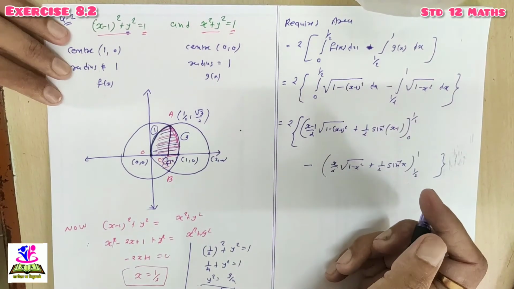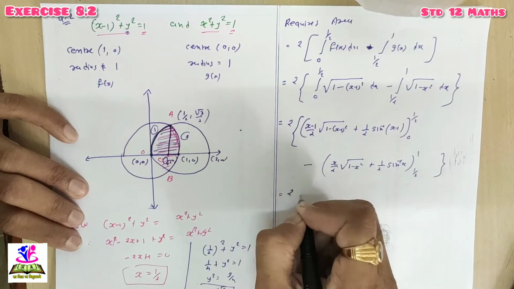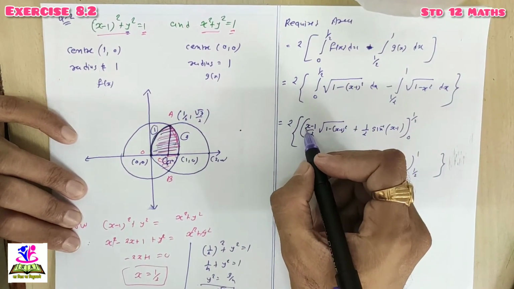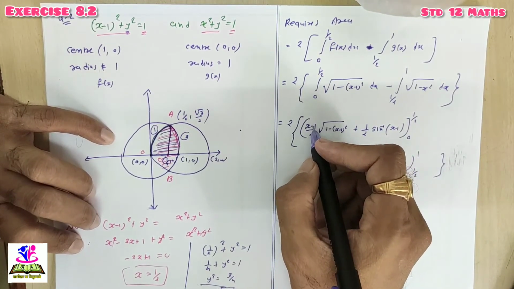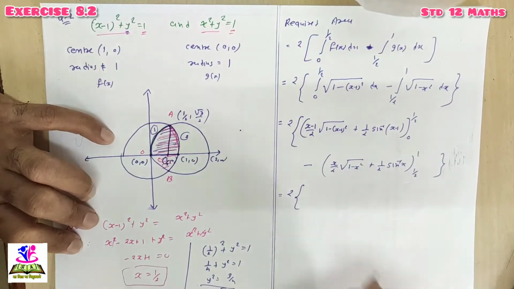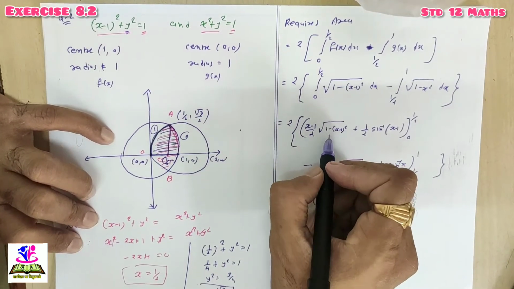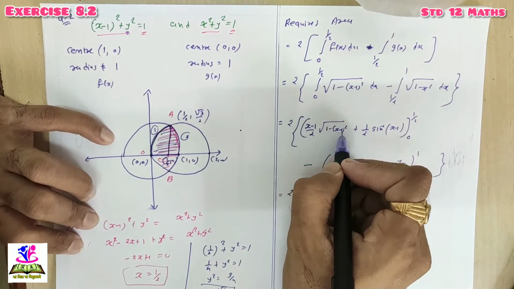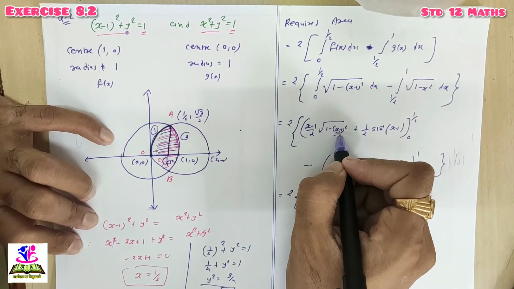Put the value of x and simplify it. So this is equal to 2 into, now put x equal to 1/2. So here if you are putting x equal to 1/2, it's a 1/2 minus 1, 1/2 minus 1 is minus 1/2 and it's again 1/2, it's a minus 1/4. So this is equal to minus 1/4 into this one, 1 minus x minus 1 whole square. So here if you are putting x equal to 1/2, 1/2 minus 1, so it's a minus 1/2.